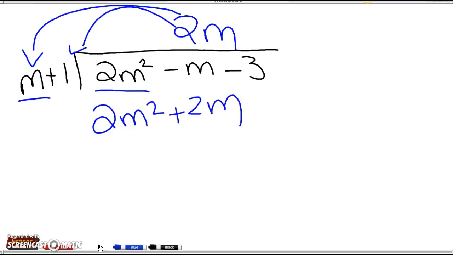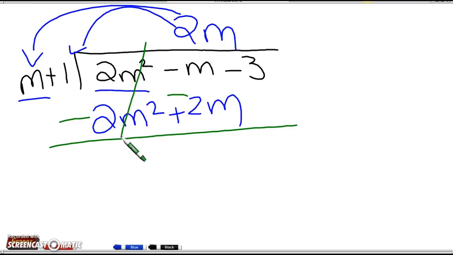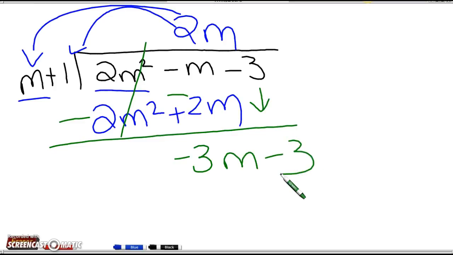I'm going to subtract now, just like I would do a long division. Those cross out. I'm left with minus 3m minus 3. Then I ask myself, what can I multiply m by to get negative 3m? Well, that would be minus 3.